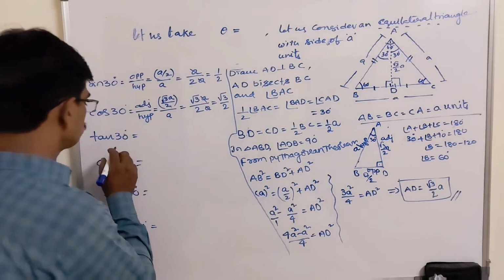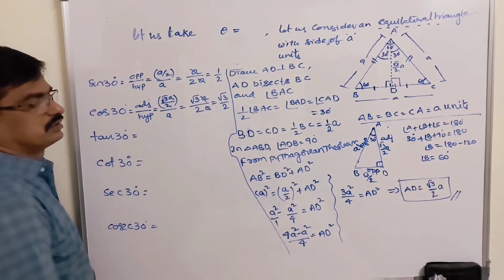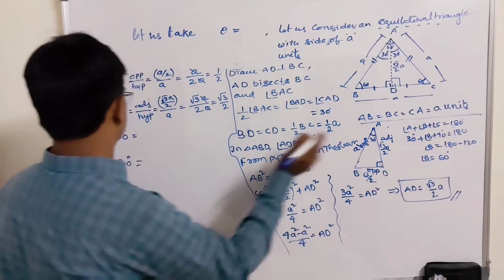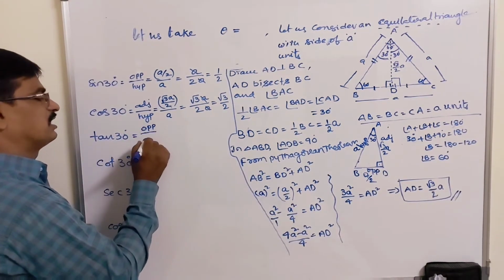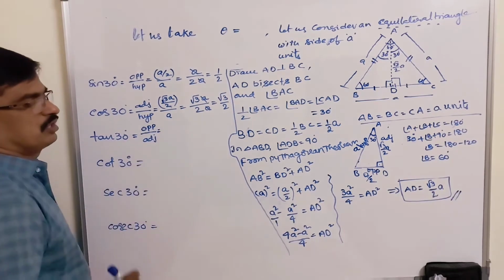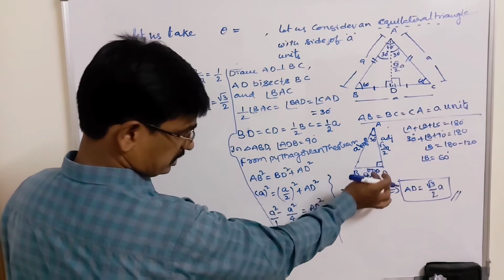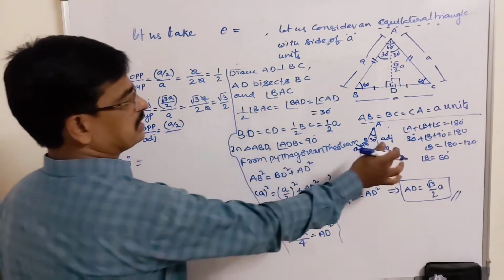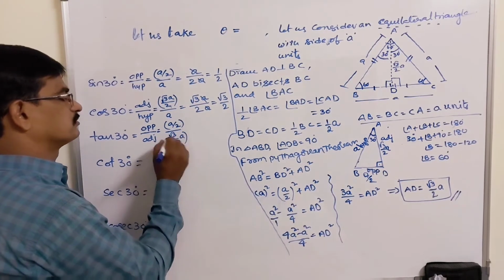Okay, then tan 30 degrees. Tan theta is opposite side by adjacent side. Tan 30 is equal to opposite side by adjacent side. Now the opposite side for 30 degrees is a by 2, by adjacent side root 3 by 2a, right?